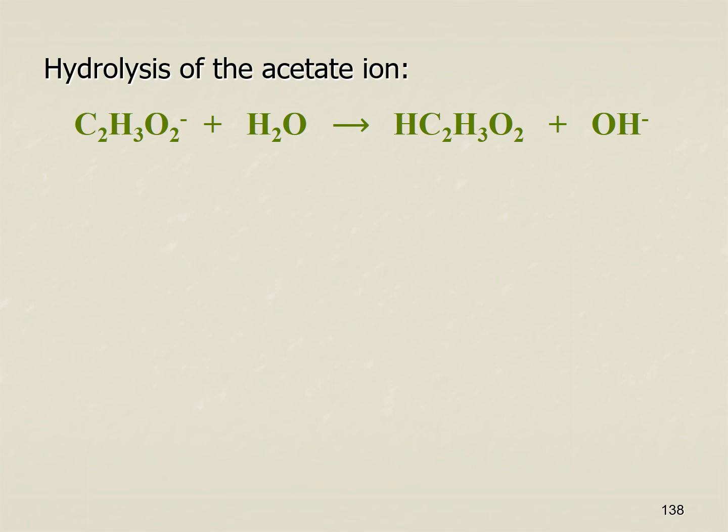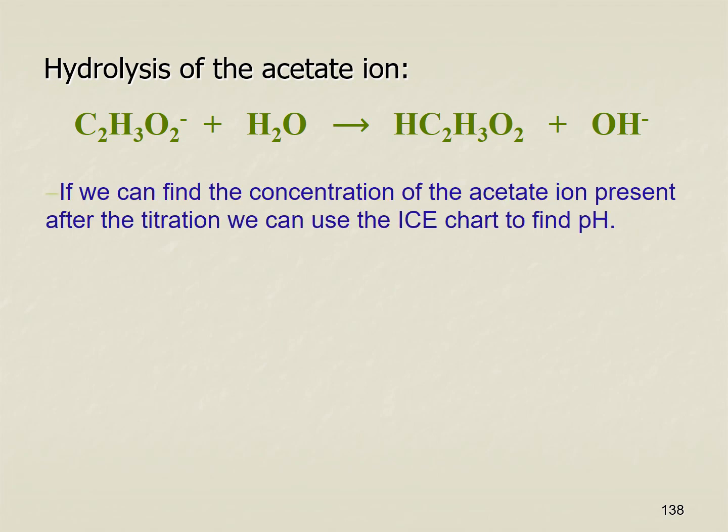Once the titration has occurred, the acetate ion is hanging around, and it will hydrolyze a little bit to give us back some of our acetic acid and OH negative. So that's what makes the solution basic: some of the acetate ion hydrolyzes back to give us HC2H3O2 plus OH negative. So we can use an ice chart to find the pH.